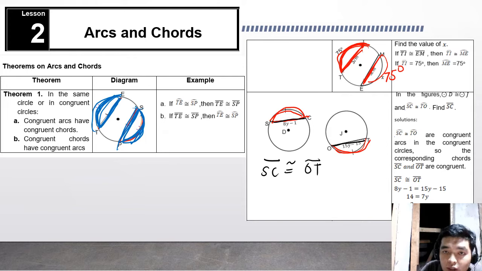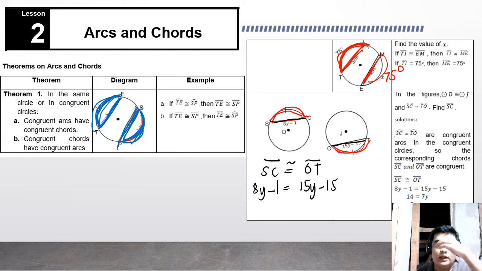Okay, so therefore 8y minus 1 equals 15y minus 15. This is just algebra. Combine like terms. If we transpose 15y to the other side, it will become minus 15y, equals negative 15. This minus 1 will become plus 1.